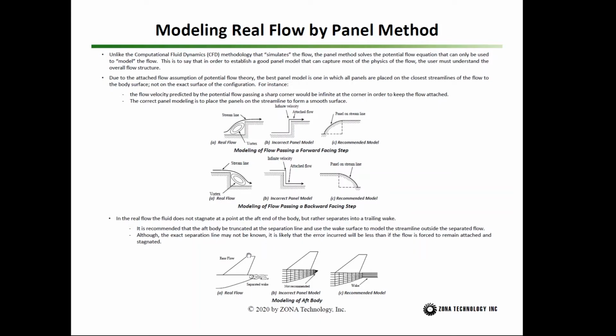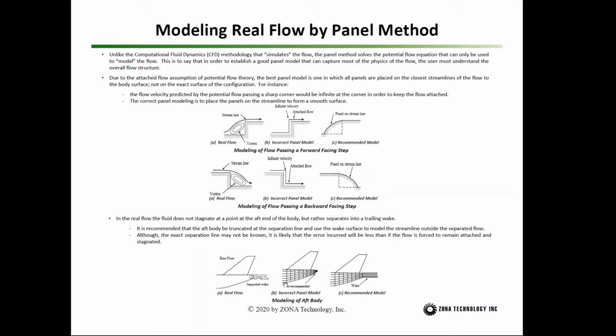Also, another case: if you have a fuselage, and the fuselage ends with a point, in the real flow, when the flow reaches toward the end of the body, the flow generally separates before it reaches the end of the body.